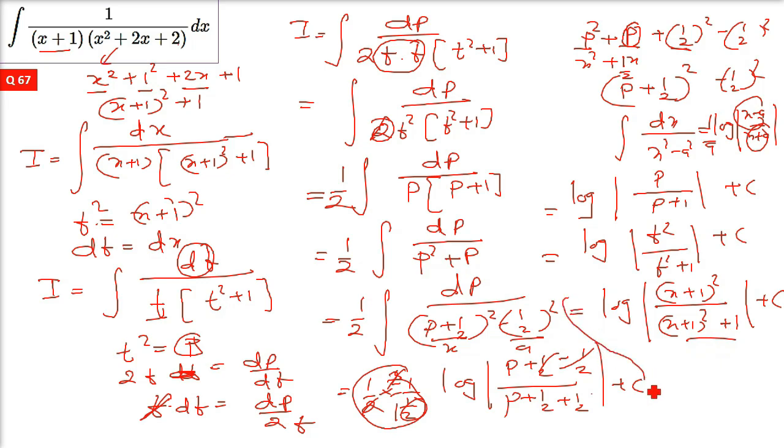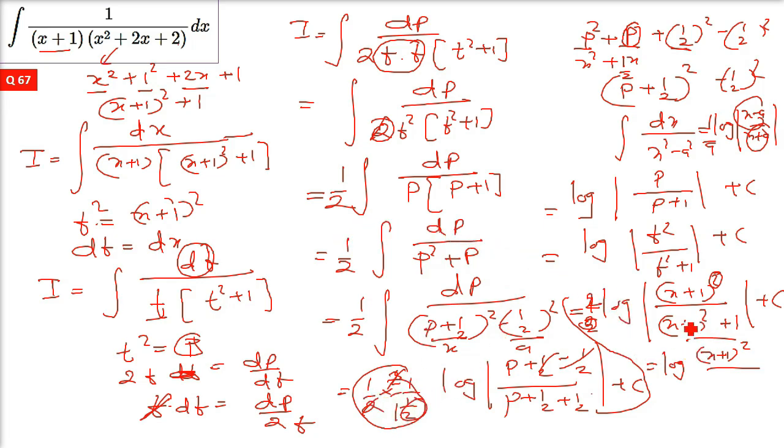Now you can resolve this. In x plus 1 whole square you can just take 2 in front, because log x to the power y is y log x. So log of x plus 1 whole square, you can take this 2 in front. There is separate cancellation, which is already done.